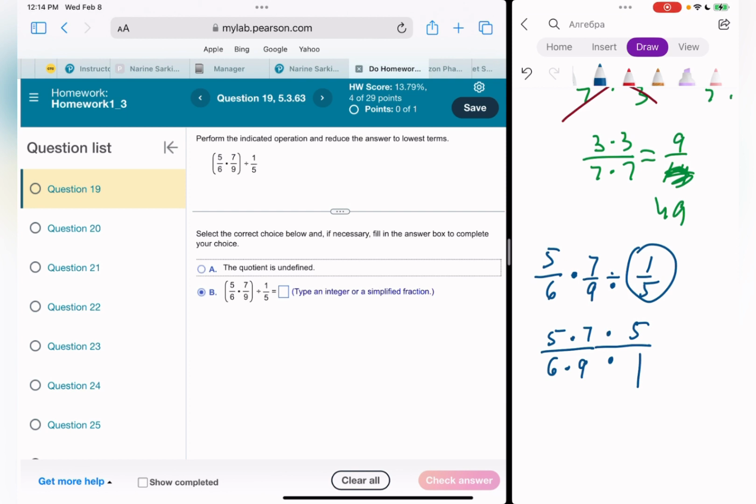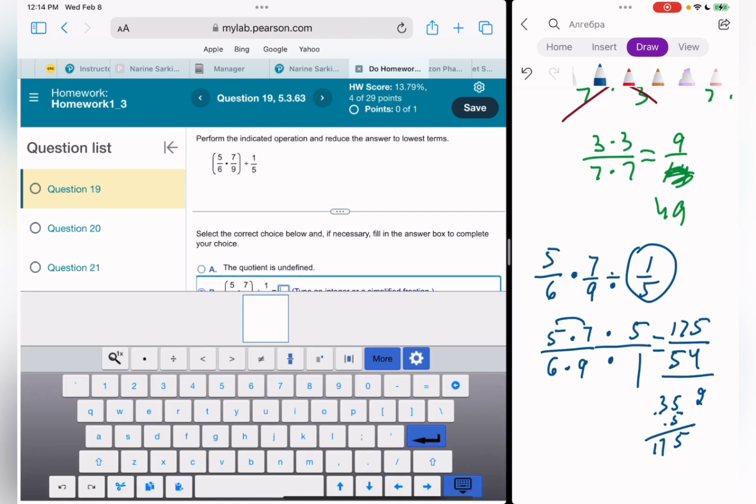So let's see what we get. 5 times 7, 35, and then 35 times 5, 175. 6 times 9 is 54. Is there any number, let's say, if we can divide by 3? 175, 1 plus 7 is 8, 8 plus 5 is 13. No, I can't divide by 3. That means we arrived at 175 over 54.